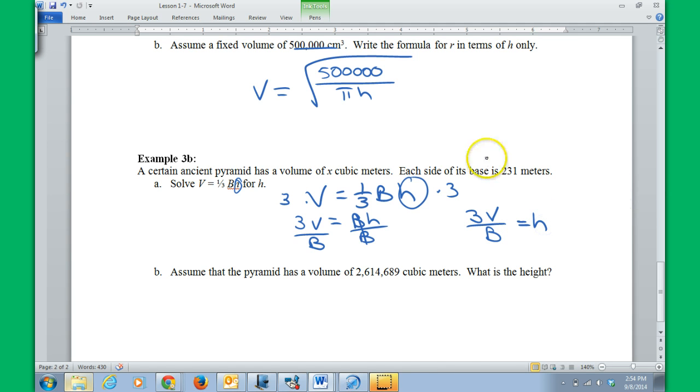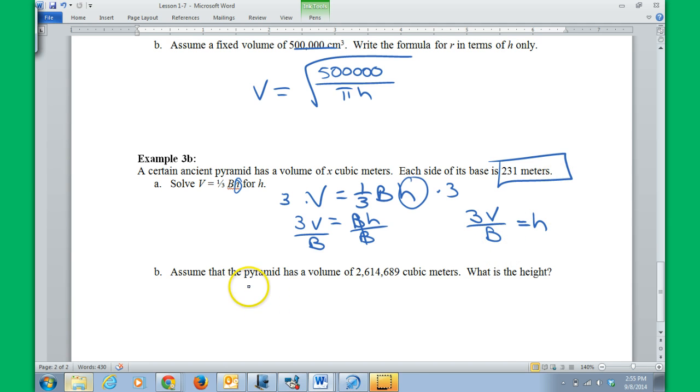Part B wants us to use 231 meters as one side of the base. It's a square base, a square pyramid. So how do I find B? What's the area of the base?